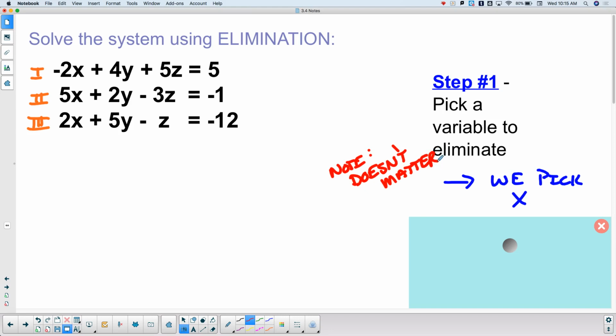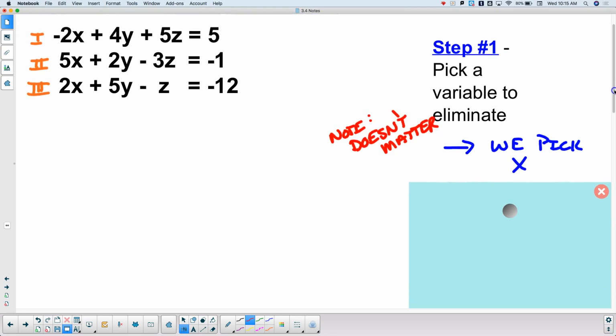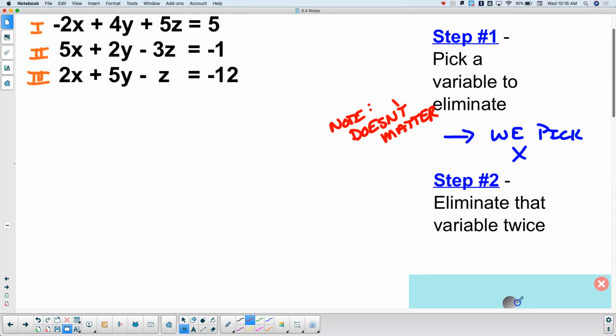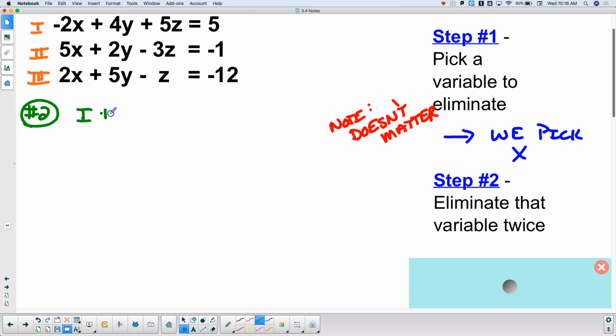Okay? So step number 2 then is we need to eliminate that variable twice. We're going to have to go through and eliminate that variable twice. So in step number 2, I'm going to take equation number 1 and add it to equation number 3, because we're eliminating x.